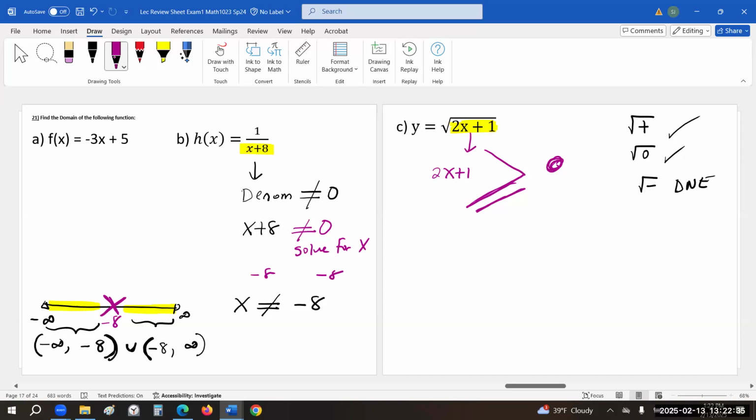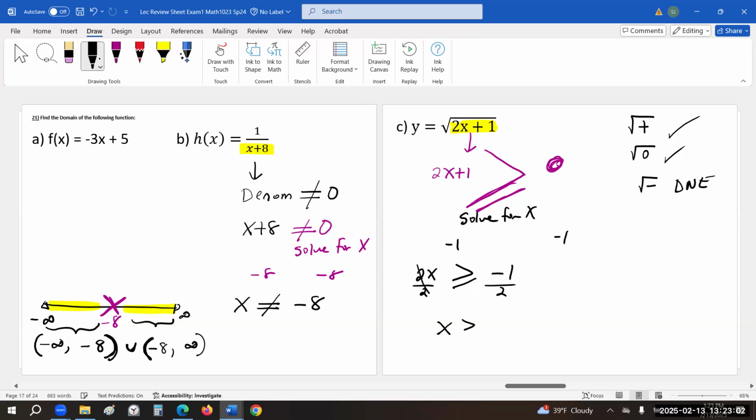And then we start solving for x to see which x value satisfies this condition. So to solve for x, what do you do? We subtract 1 from both sides. We get 2x bigger than or equal to -1, and then divide by 2.